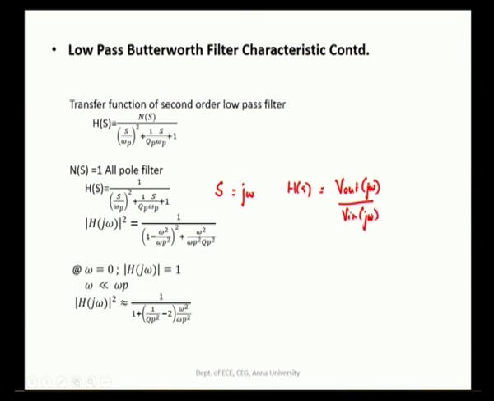So, this is H of s, that is the transfer function, given by a numerator polynomial by the denominator polynomial. We have taken the numerator polynomial as 1, and H of j omega mod squared stands for the magnitude of H of s.